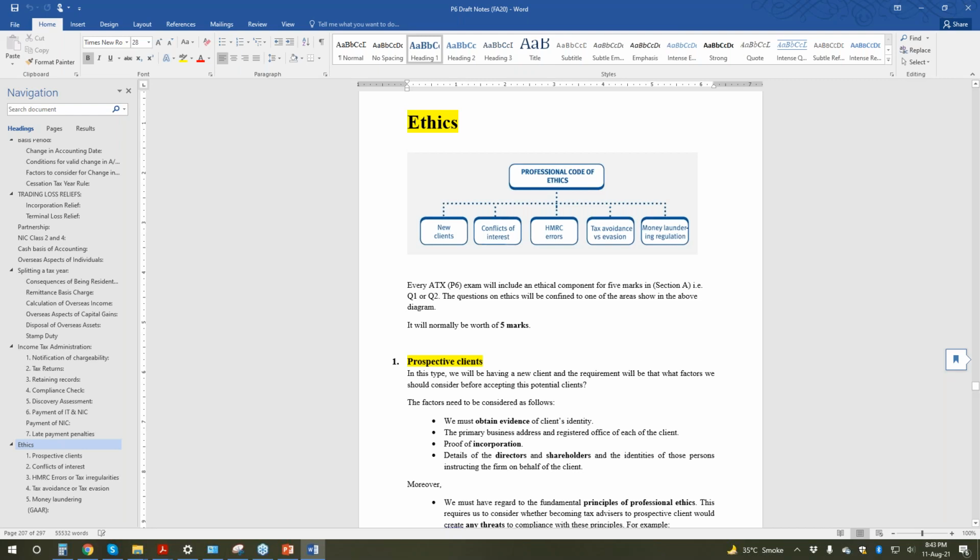In every attempt, I should rather say, because examiners sometimes test ethics in question 1 and sometimes in question 2. So you never know: if you're attempting a 25 mark question and it does not include an ethics part, do remember that in that year the examiner might have tested it in question number 1, the 35 mark question, but every exam has the ethics part.